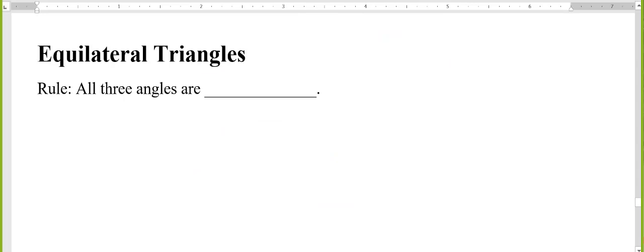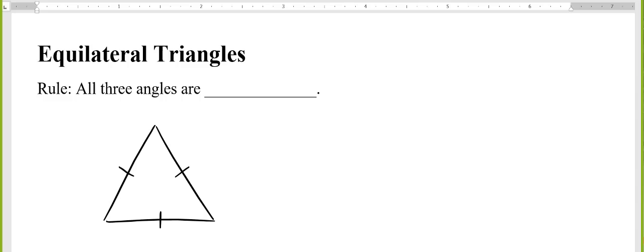Okay, an equilateral triangle, what does it look like? All three sides are congruent, right? That's equilateral. Lateral is with the edges. What do you know about the angles of an equilateral triangle? All the angles have to be congruent. Nope, I didn't spell that right.